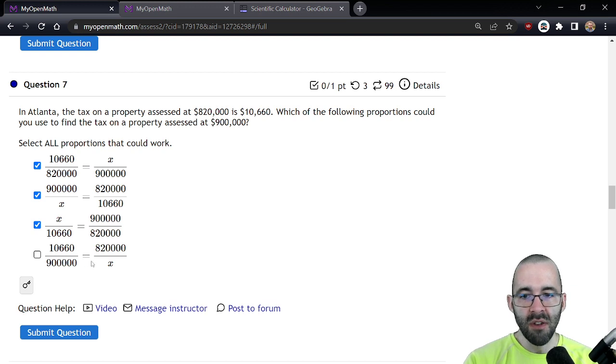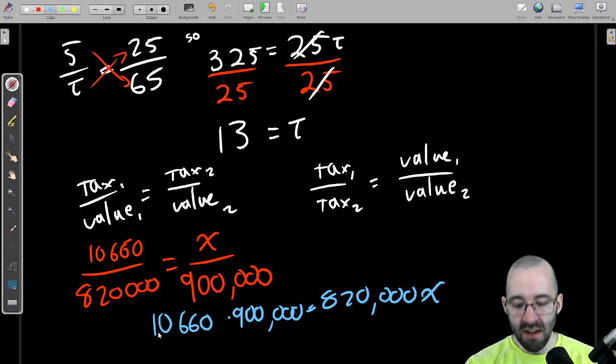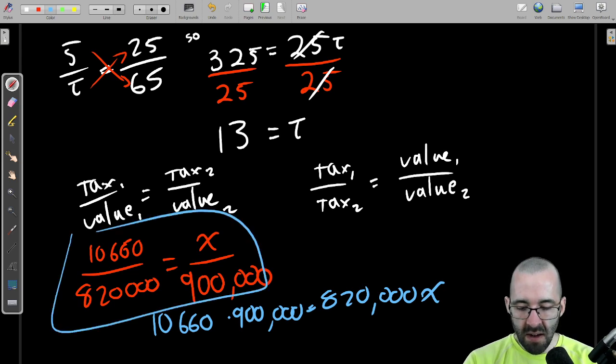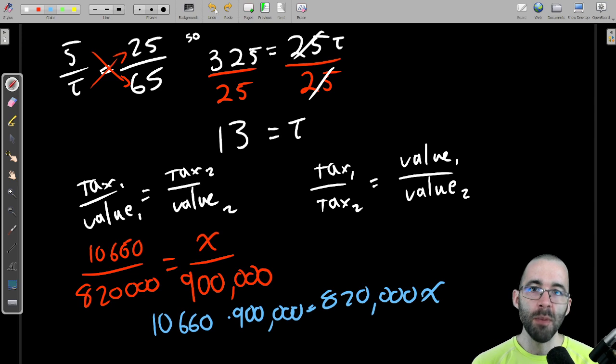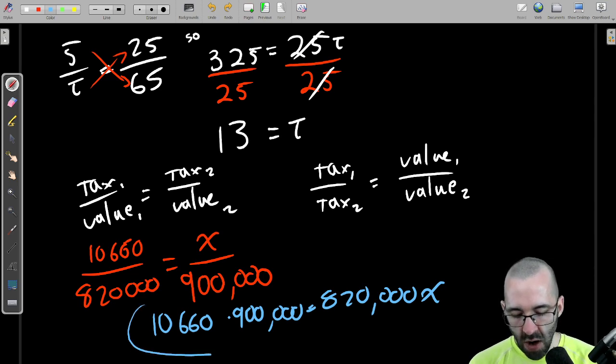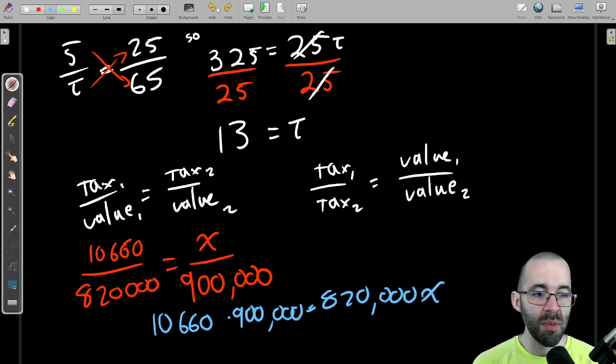When you cross multiply this fourth one, you don't get the same thing. So that's another way of approaching this. Instead of writing every single possibility, because there's a lot, find one possibility, cross multiply, and notice that, okay, if we set our proportions up correctly, you're always going to get the same equation once you cross multiply. That can save you a little bit of time.